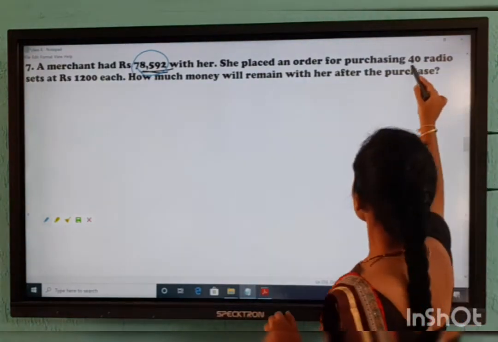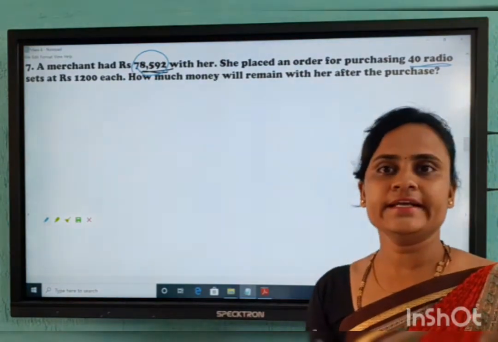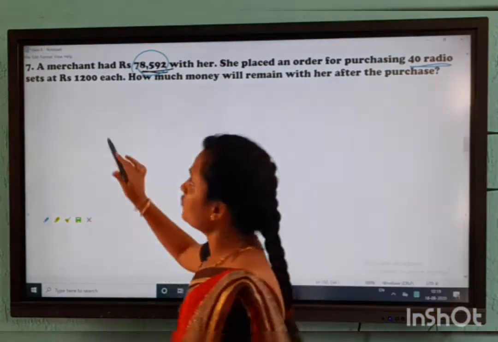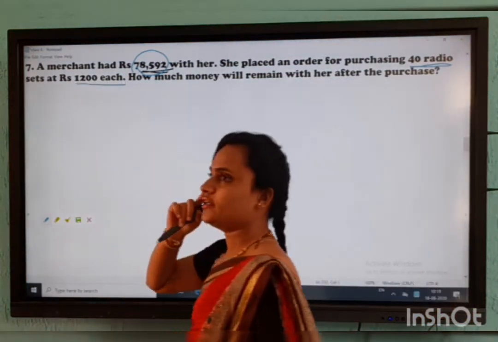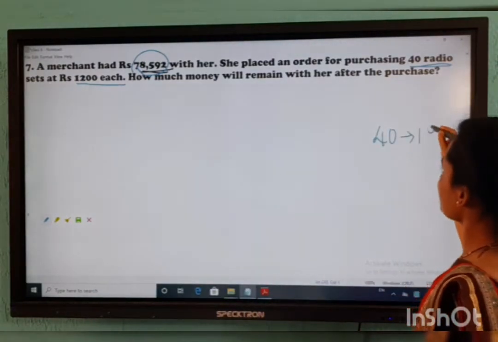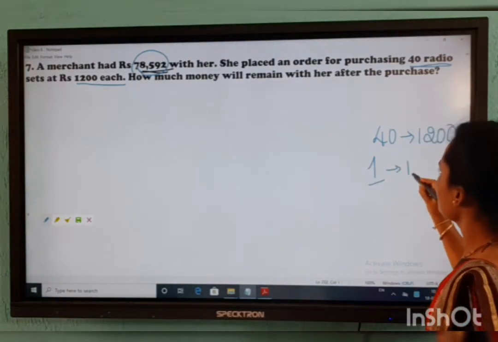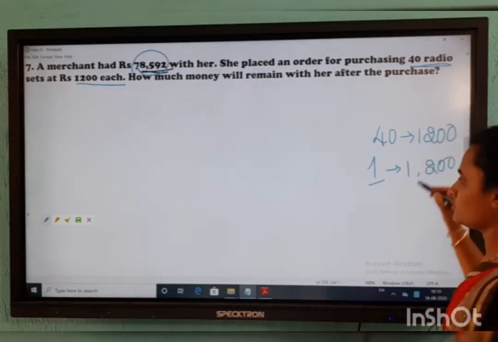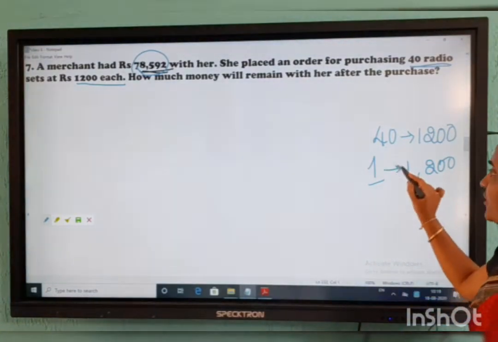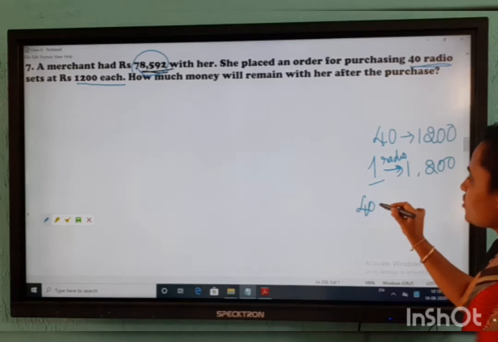She is purchasing 40 radios, at rupees 1,200 each. They are not saying 40 radios for 1,200. They are saying one radio costs 1,200. Okay. So one radio costs 1,200, which means 40 radios cost how much, children?